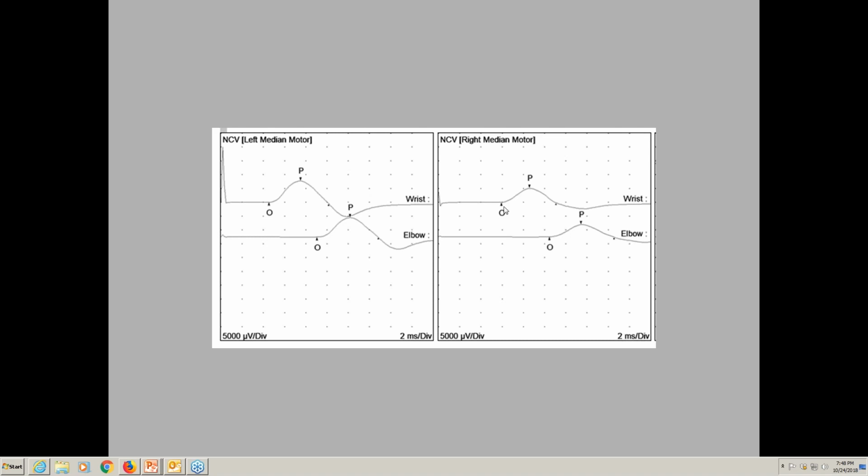If you stick the APB and you see fibs and positive waves and motor unit morphology change, well, now I'm confident that that is representative of motor axon loss and not just a normal variance left to right. So in looking at these motors, we look at the data. We see 5,000 microvolts per division.